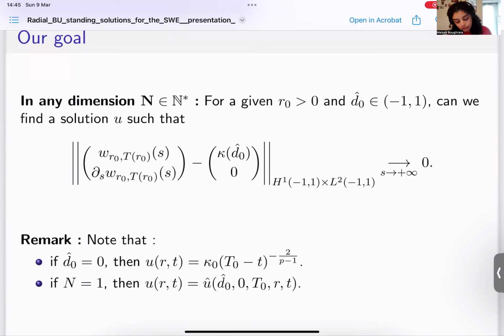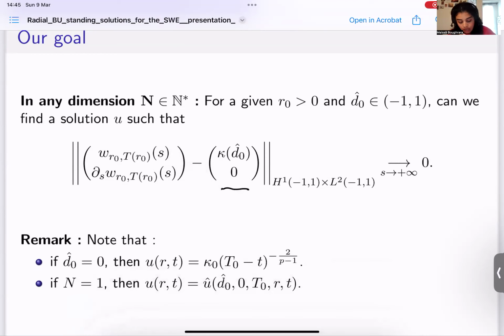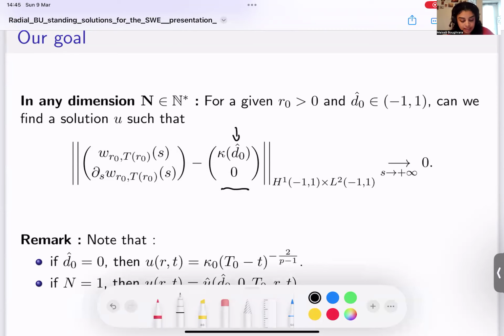Okay, so now we fix our goal. We're going to fix the profile. We're going to take one soliton to start with, and we will fix a parameter, d0 hat. The idea is that for a given r0 and d0 hat, if we can construct a solution that, in similarity variables centered on (r0, T(r0)), we will have the convergence in H1 cross L2 of the solution to the profile that we fixed earlier.